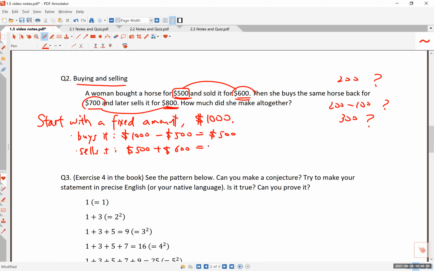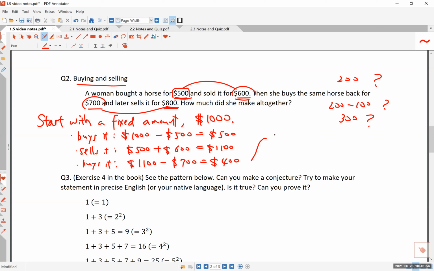Now she has $600 as a payment for the horse. So she ends up with $1,100 and no horse. She misses the horse, so she buys it again. This time she spends $700. So now she only has $400 left in her account, but she has her horse.